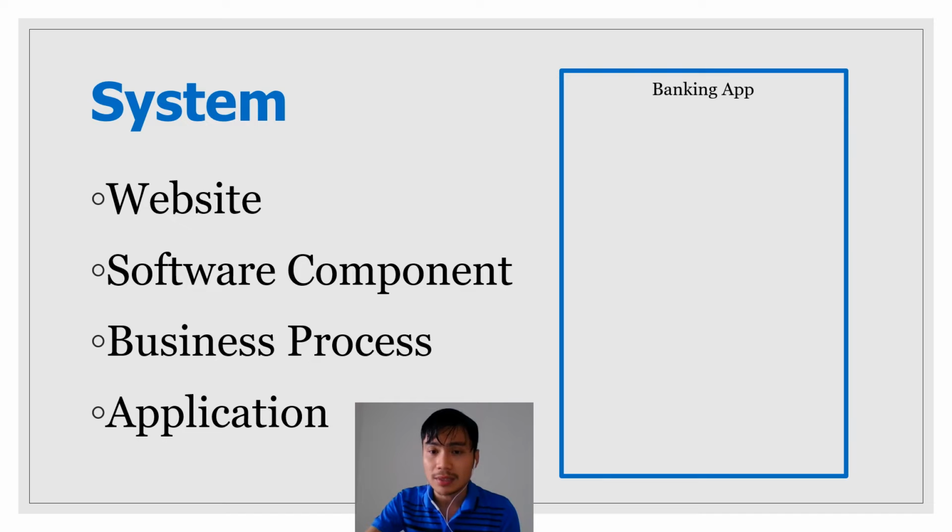The rectangle means the scope of the system. You just draw the rectangle, and then the name of the application should be at the top of the rectangle, inside the box, right? So in this case, we are using a banking application, so that's why we write banking application on top of the box, inside the box, right?